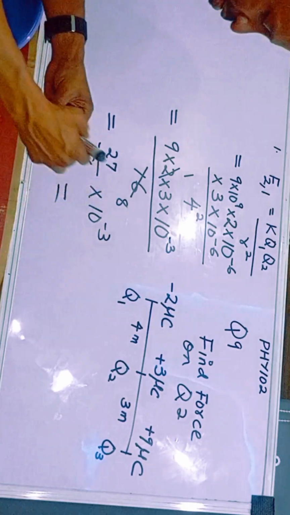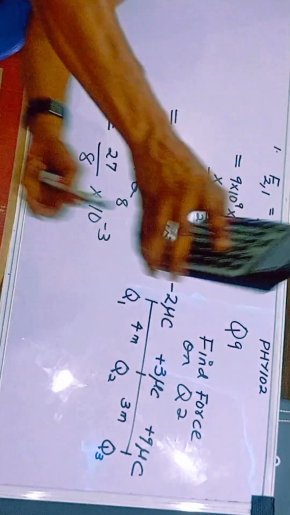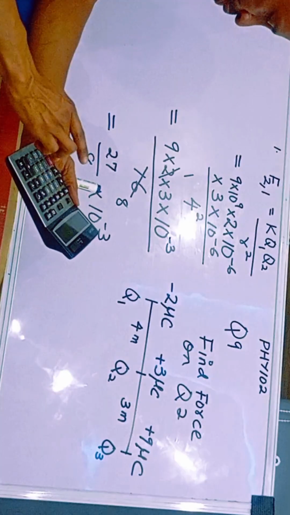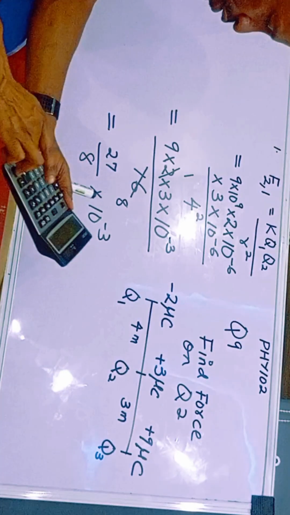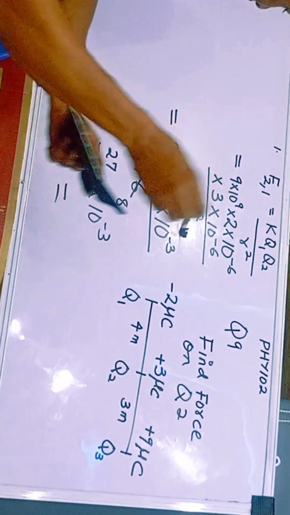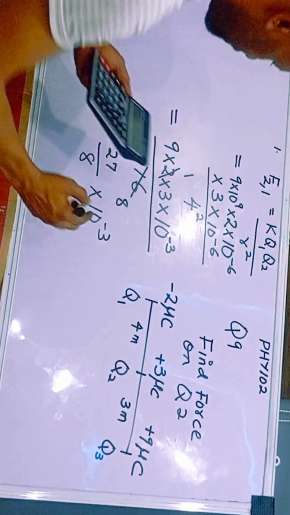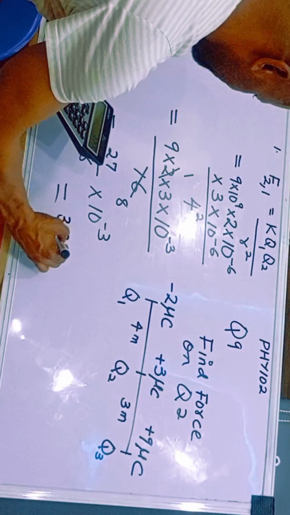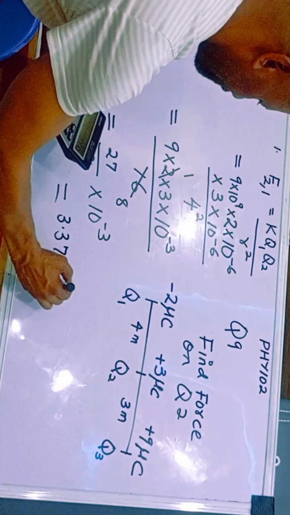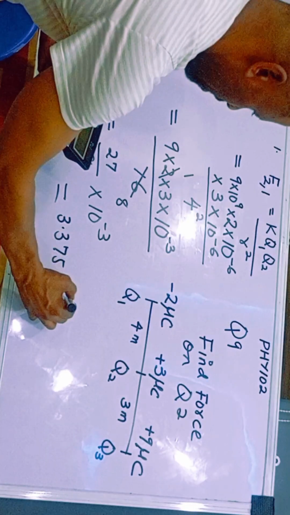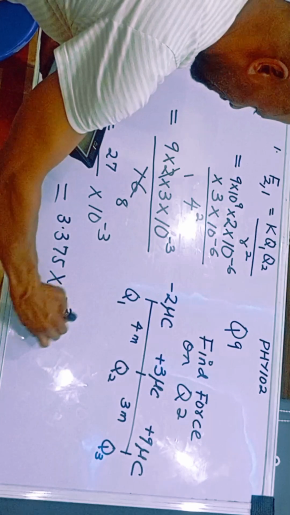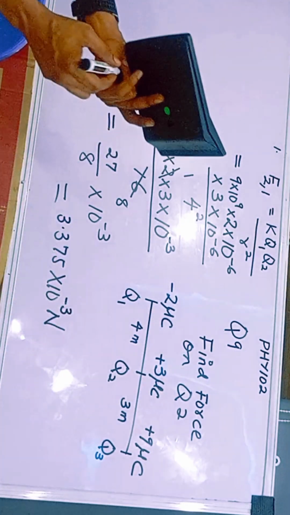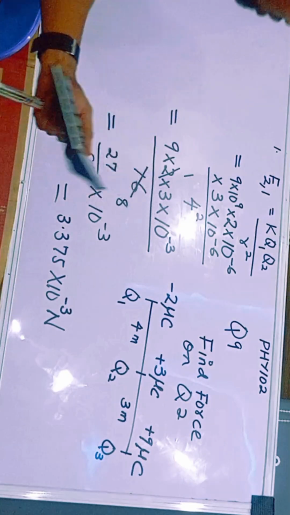So let's solve the maths. I've got my calculator here. So let's go there. 27 divided by 8. That is 3.375. 3.375 times 10 raised to power minus 3 in Newton. Remember, it's force, so the unit is Newton. So class, what have I gotten now?